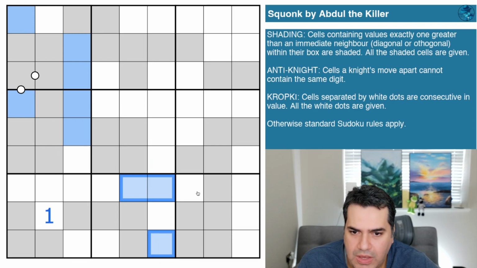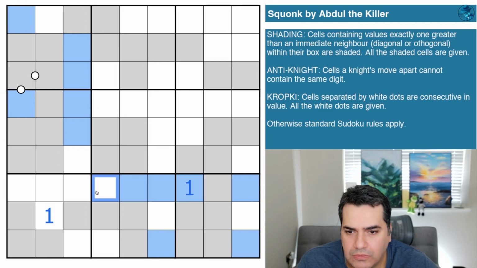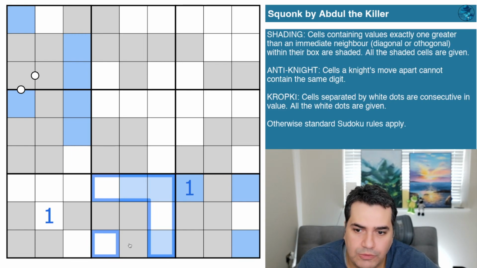And just have a think about it to see if there are, for example, if I place a 1 in here, well, 1 sees all of these cells. This one is already not available. This is not available because of this one here, the anti-knight move. This is also not available. Where would I place a 1 in box 8?